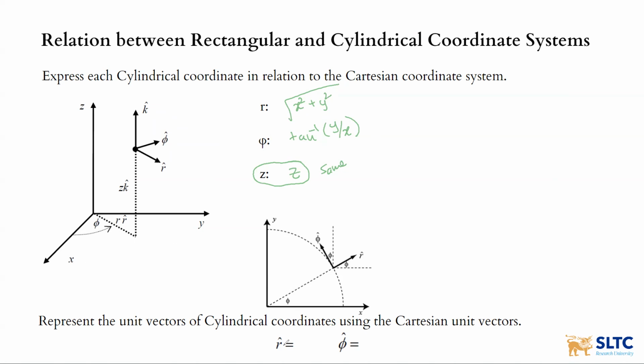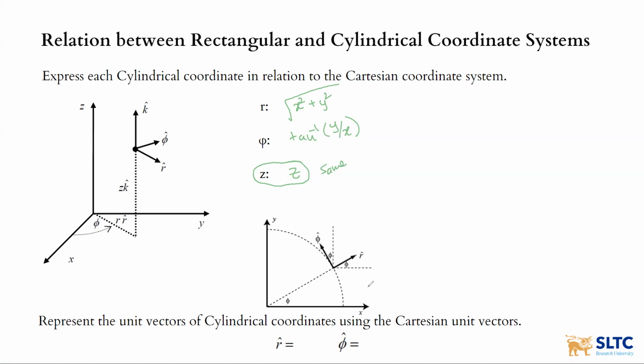Apart from that, we can define unit vectors along the cylindrical coordinate axes using Cartesian unit vectors. These are very mathematical things.